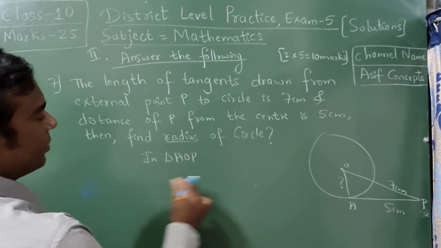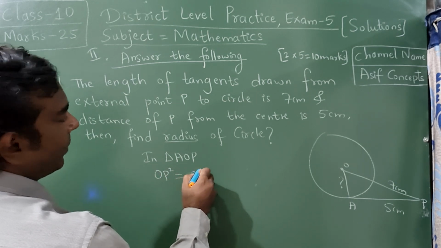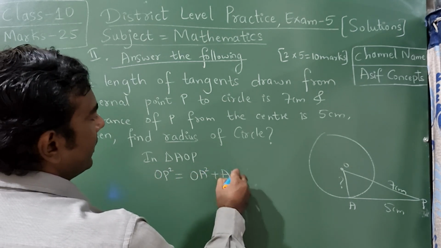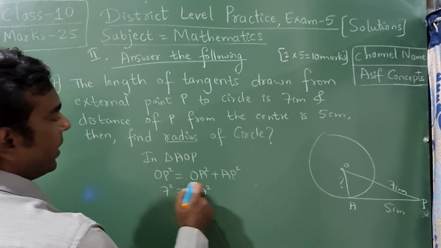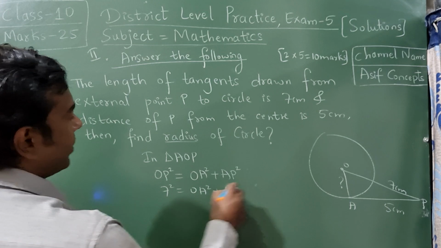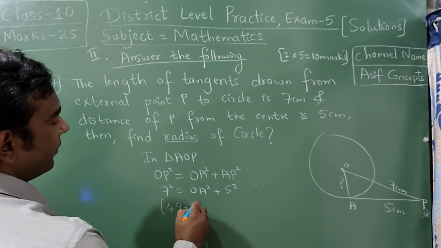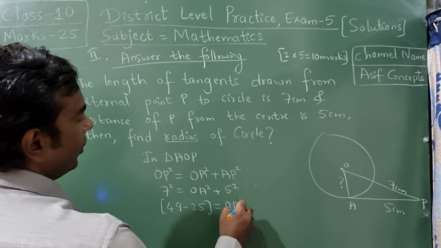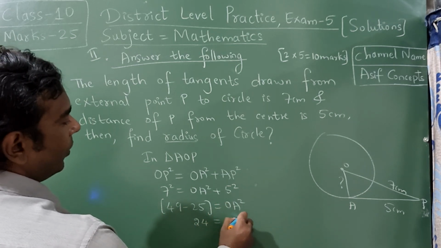AOP, the hypotenuse is OP square is equal to OA square plus AP square. So this is 7 square, OA square plus 5 square. 7 square is 49 minus 5 square is 25 is equal to OA square. So if you subtract, it is 24, OA square.